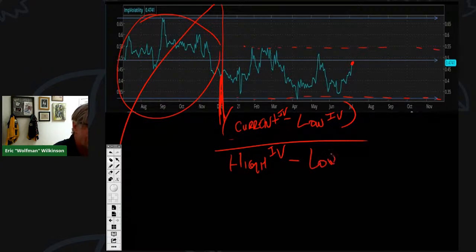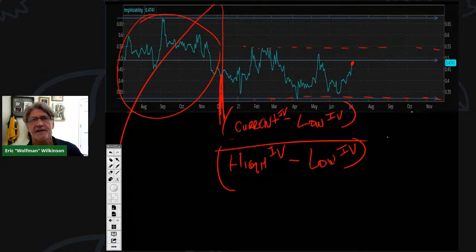Now, you don't have to go through all this math. This is for people that really want to dig into the details, folks. I'm going to show you a quicker way in a minute. But if I look at the current, I'm going to discount this 67 up there, because if I use the entire range, it's basically a 44%.